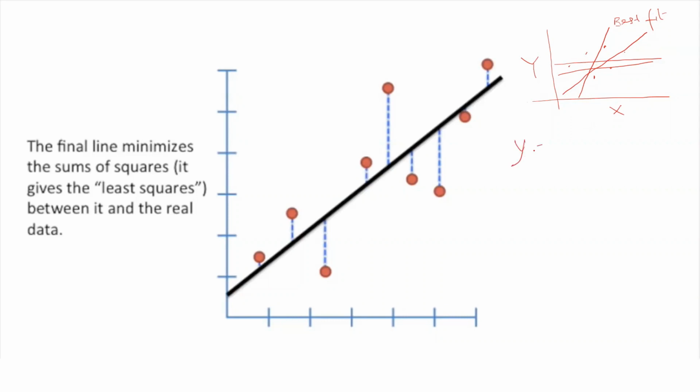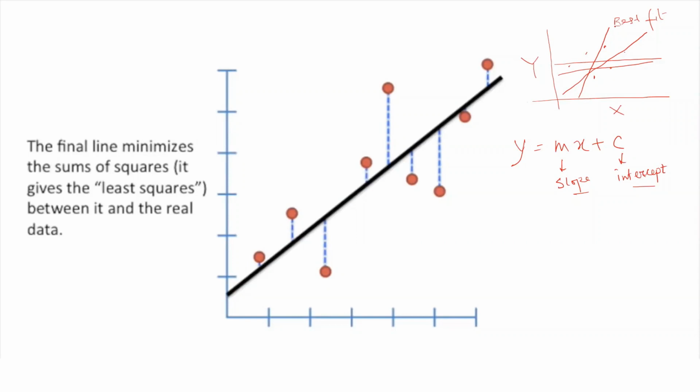If you have y equals mx plus c, m is your slope and c is your intercept. You have to find out the optimal value of slope and intercept.